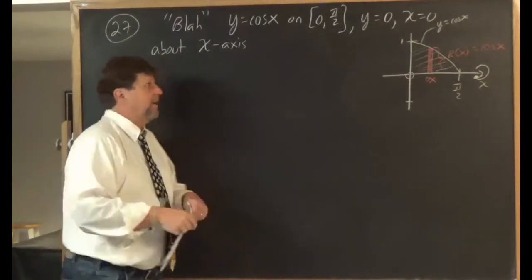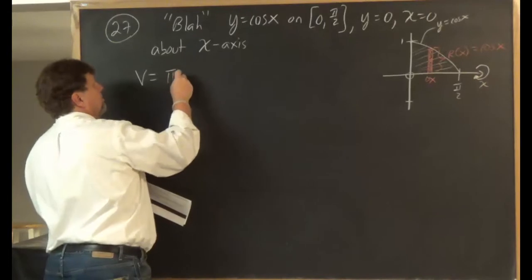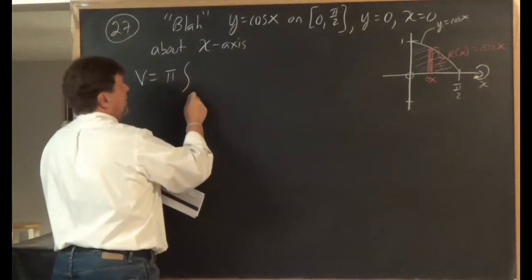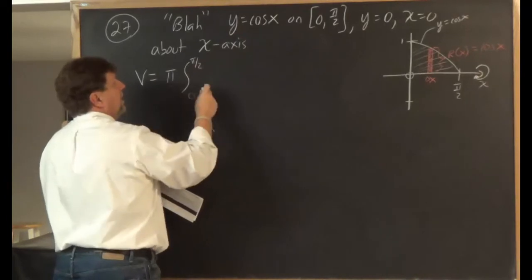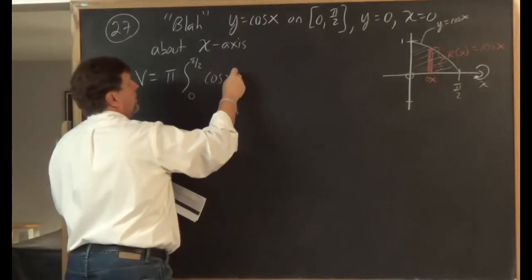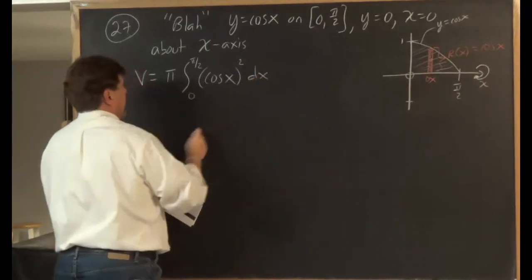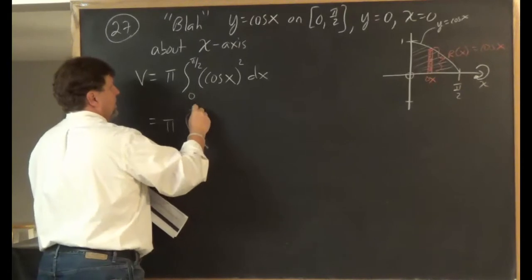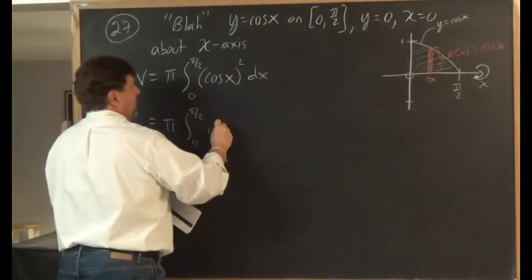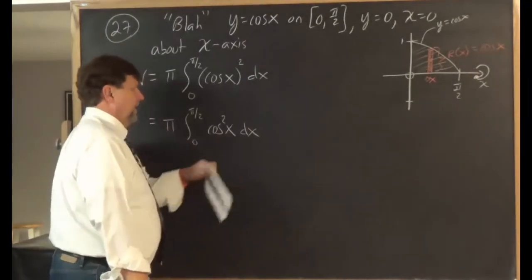That means disk method. So the volume is pi times the integral 0 to pi over 2 of R, just cosine x, squared dx. So it's pi times the integral from 0 to pi over 2 of cosine squared x dx.